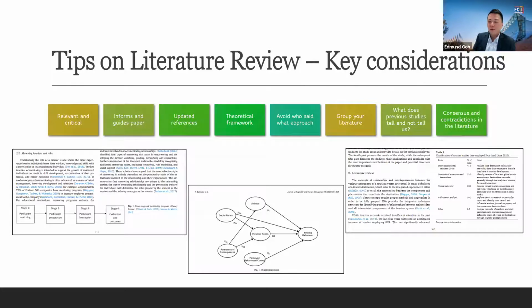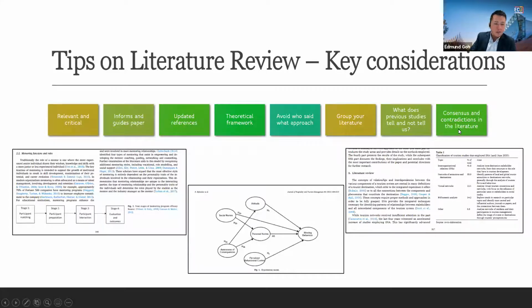And number two, you are demonstrating to the reviewers and the editors that you have synthesized, understood, and critically reflected on the literature. That is so important. It's like, what does the literature actually tell us?